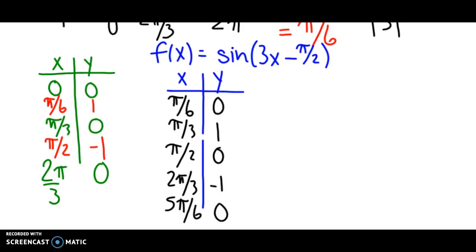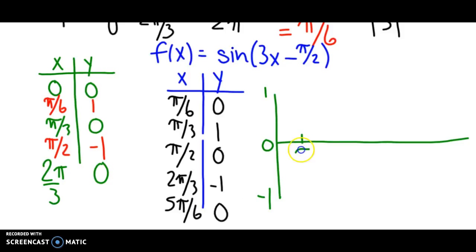Alright, so now that we have our table of values, we can actually make our graph. So, highest it ever goes is 1, lowest it ever goes is -1, okay? And so let's take into consideration all of our values.